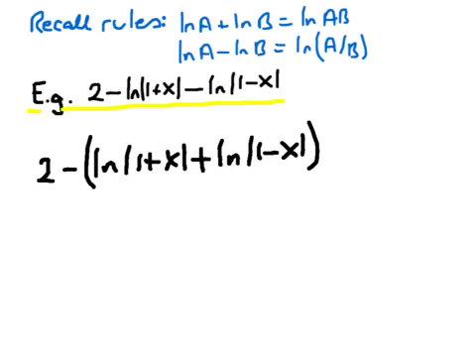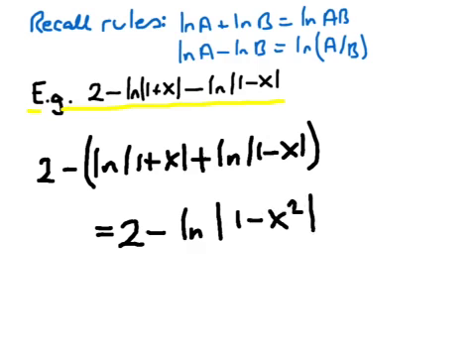So therefore, this is equal to 2 minus, and then it is the logarithm of the product of the arguments following from this. So we have the logarithm of the modulus of 1 plus x multiplied by 1 minus x, and 1 plus x times 1 minus x is 1 minus x squared, close the modulus. And that is our final result for that.